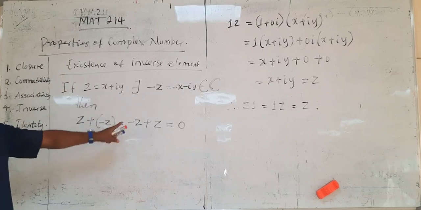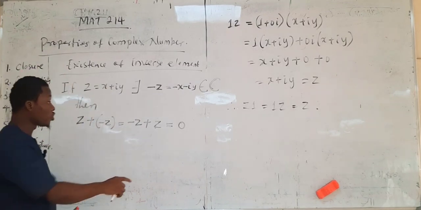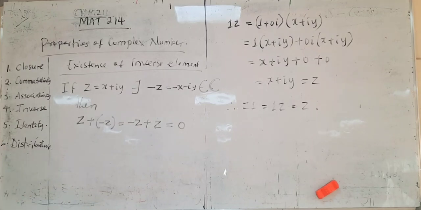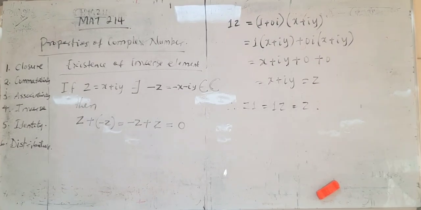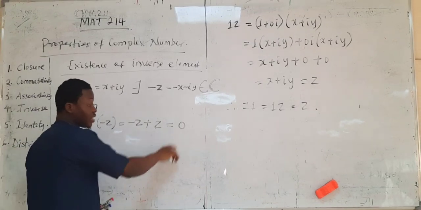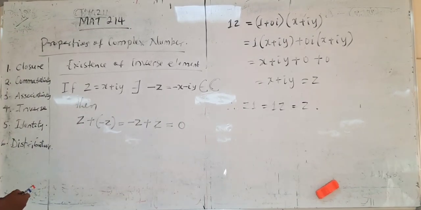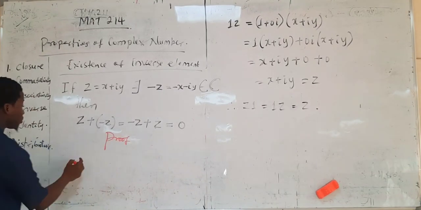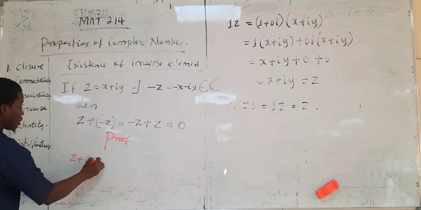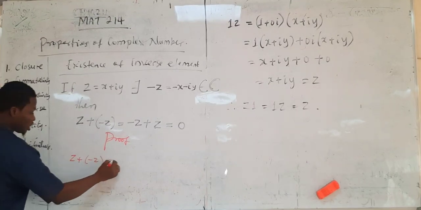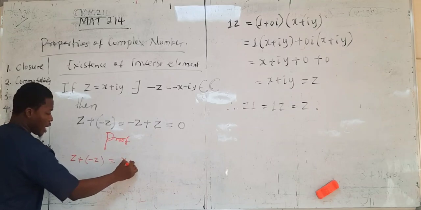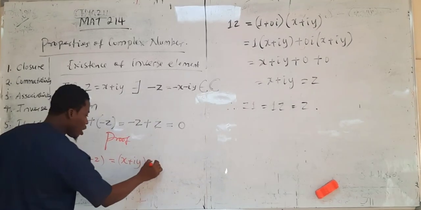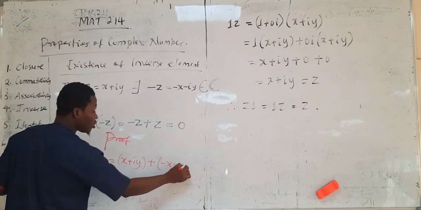Whenever the additive inverse is applied, it will give you the additive identity as the final answer. So you know 0 is the additive identity. So the proof goes, we have that z plus minus z is equal to x plus iy plus minus x minus iy.